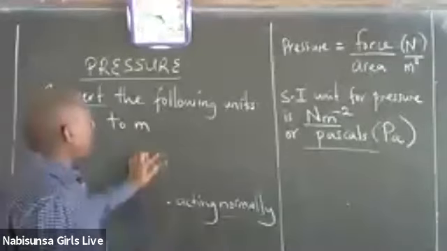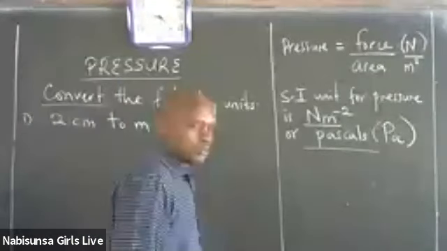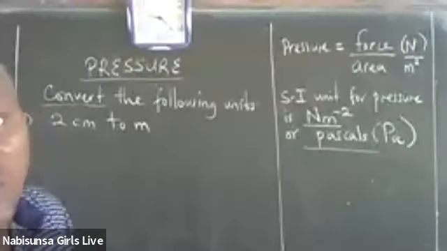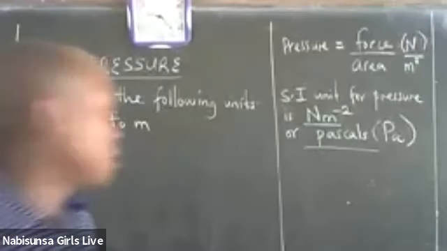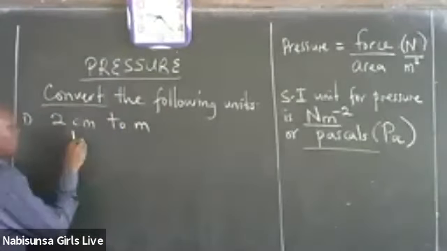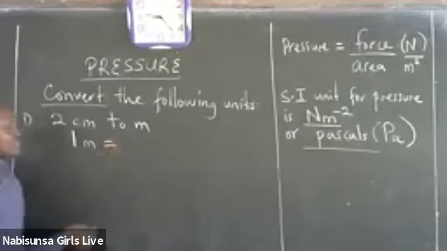Class, how do you convert 2 centimeters to meters? 1 meter is equal to 100 centimeters.